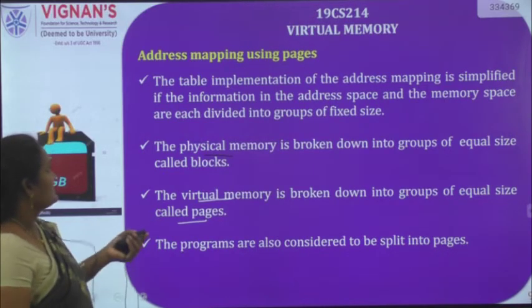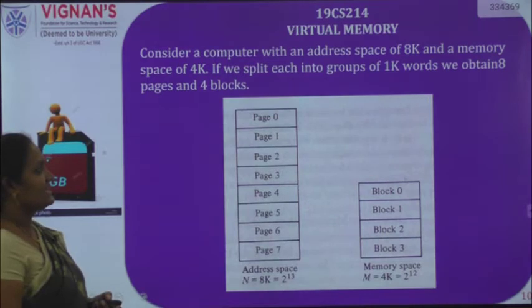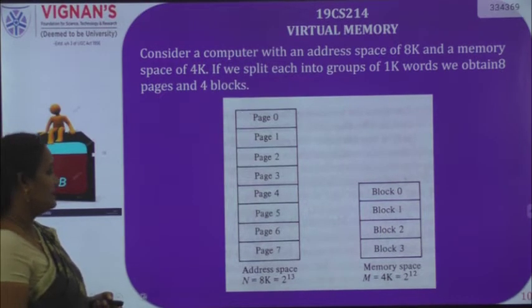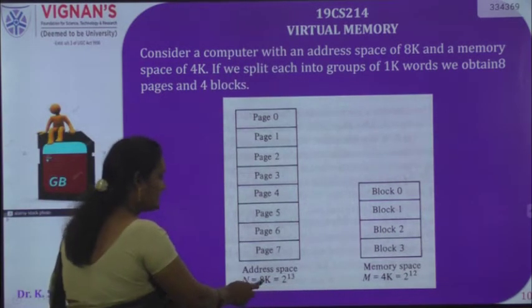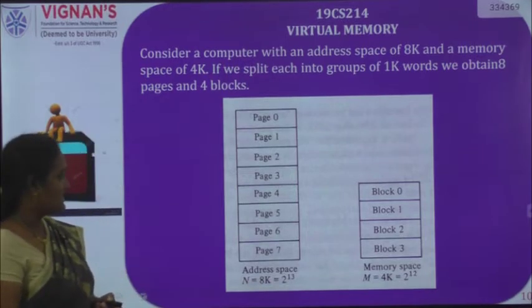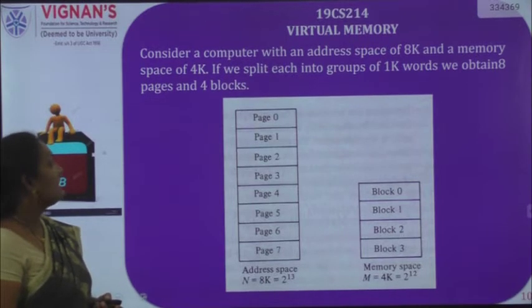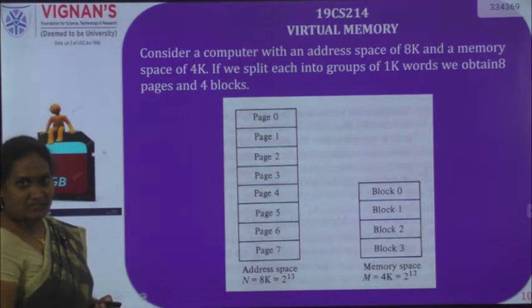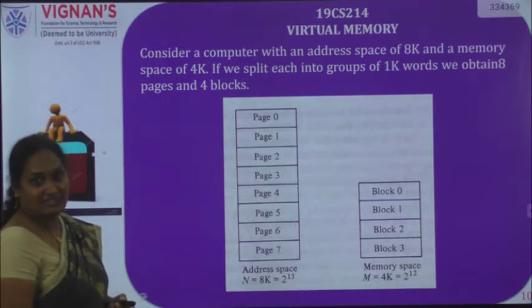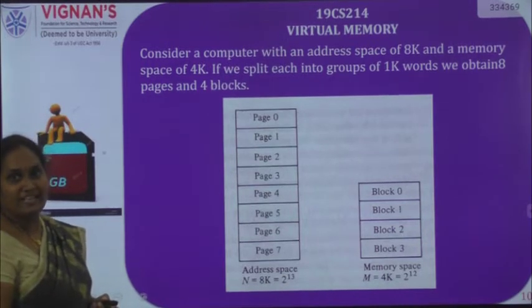For example, here we have a virtual memory which contains 8K locations. These 8K locations are divided into 8 groups. Each group is called a page, page 0 to page 7.